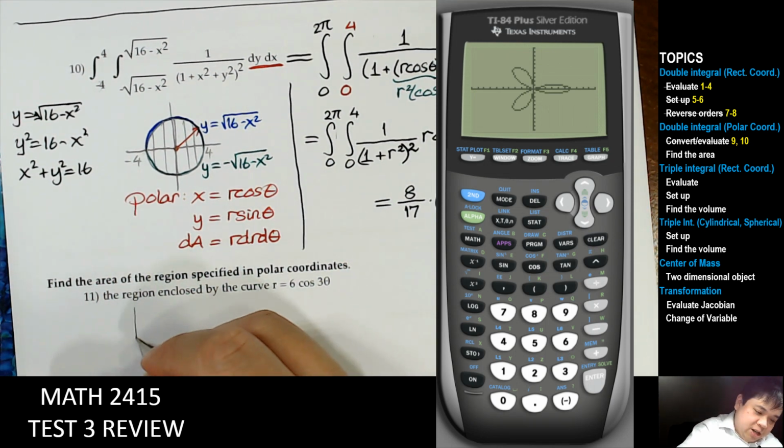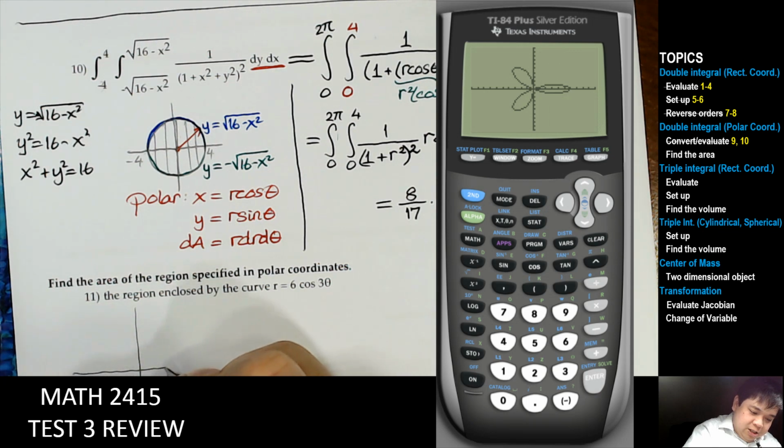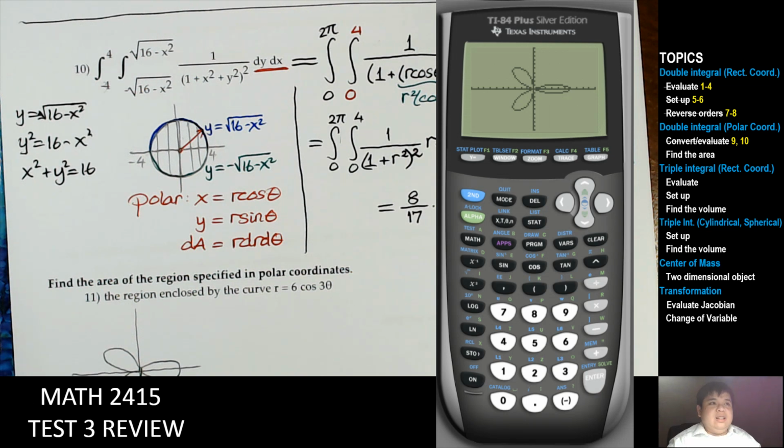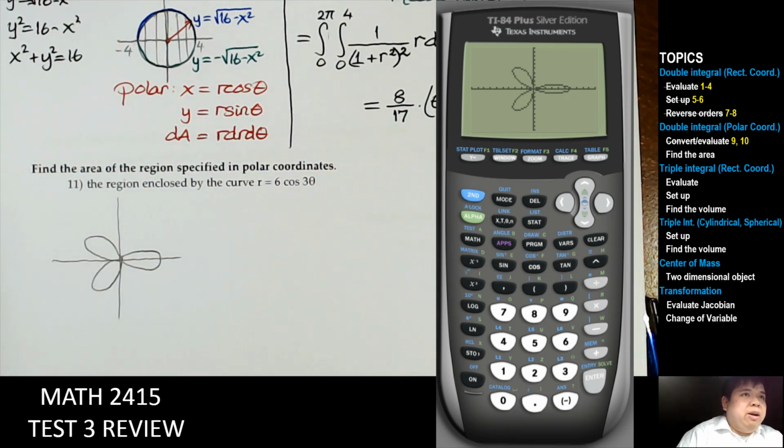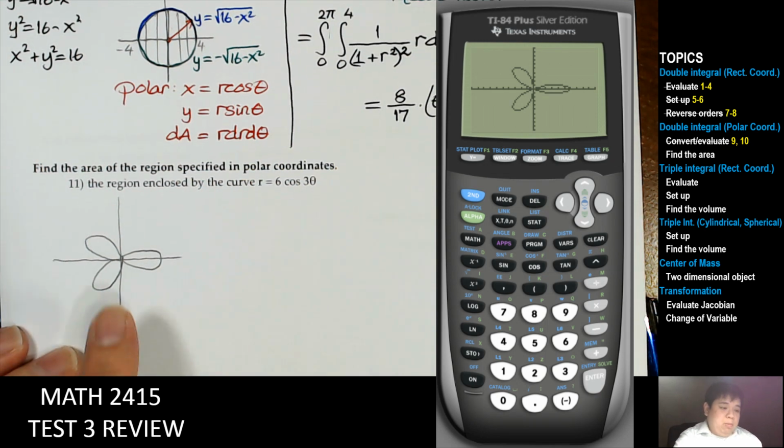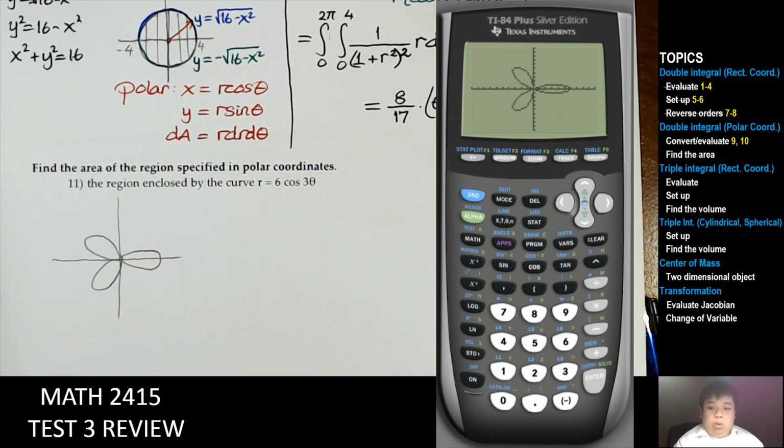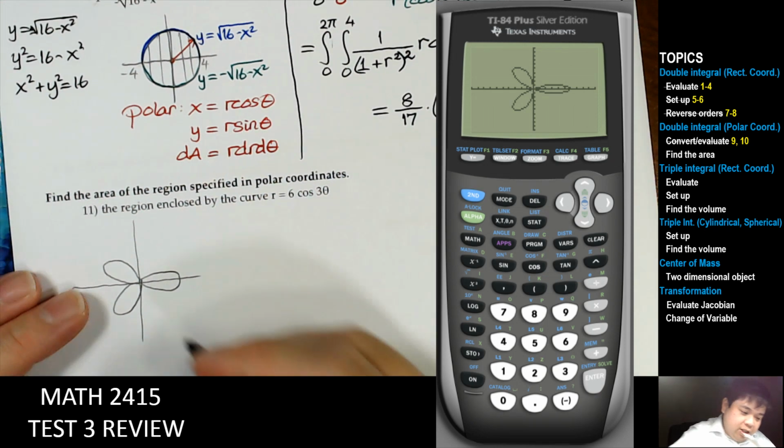Again, let's just sketch that real quick. So it's kind of like that. Right. So because of symmetry, if we can find the area of one petal and multiply by 3, we're going to have the area of the whole thing. Now let's focus on only one petal.